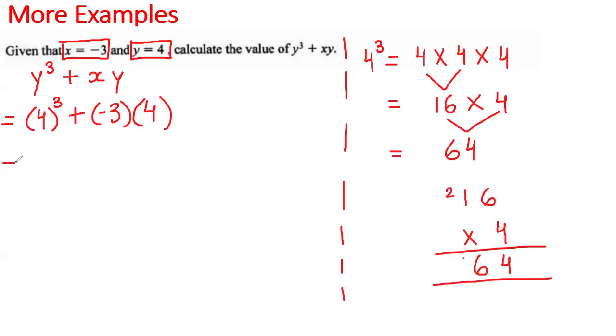So what is 4 cubed? 64. Very good. 4 cubed is 64.